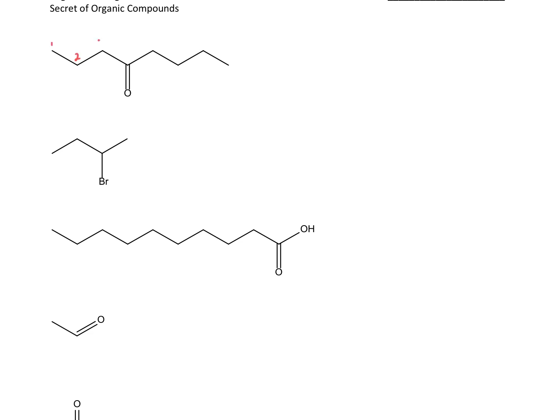1, 2, 3, 4, 5, 6, 7, 8 carbons are in there. And the ketone functional group is on 4. So this would be 4. 8 carbons is octane.